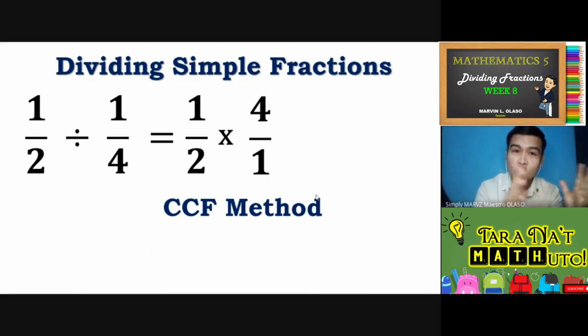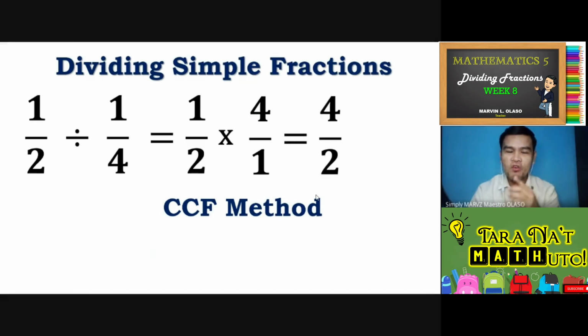Now, let's go back to multiplying fractions. All right? So, multiply 1 times 4 and 2 times 1, we have 4/2. Now, is that already in lowest term? If not, reduce to lowest term. 4/2 is an improper fraction. Change that to mixed. So, divide 4 divided by 2.